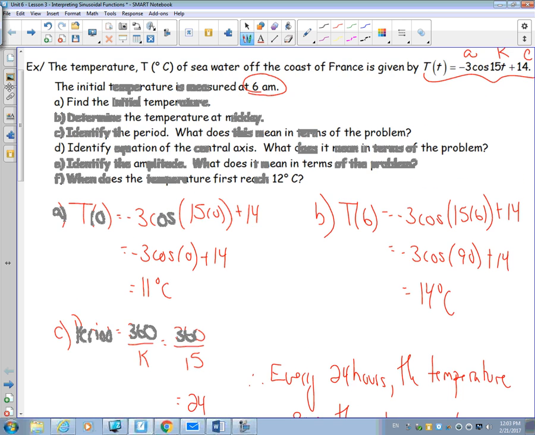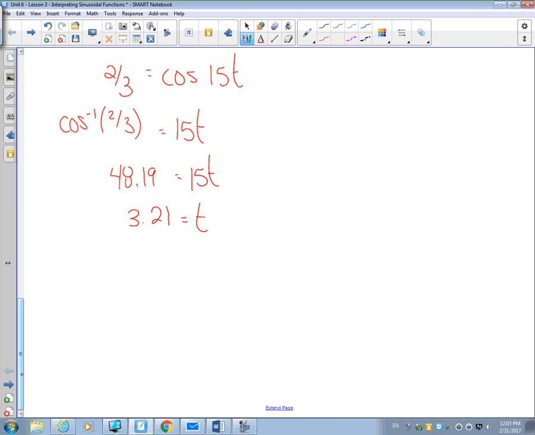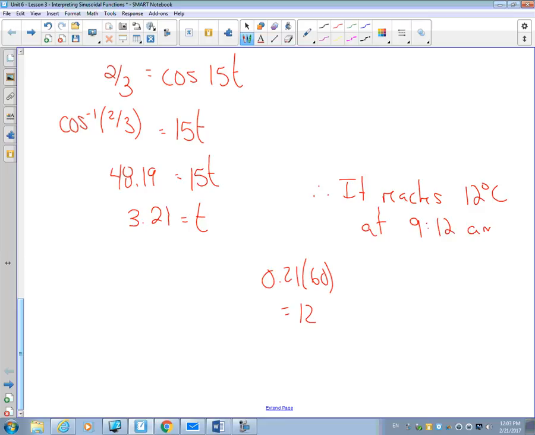Remember, we started at 6 a.m. So we could say it reaches 12 degrees Celsius at 9 a.m. and we got 21 hundredths of an hour. Or sorry, 0.21 times 60 minutes will give us 12 degrees at 9:12 a.m.